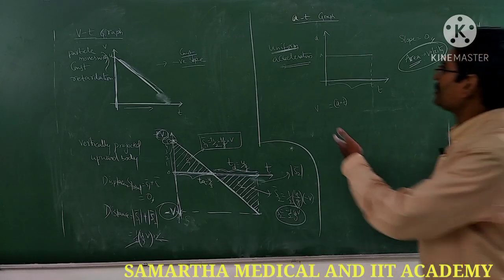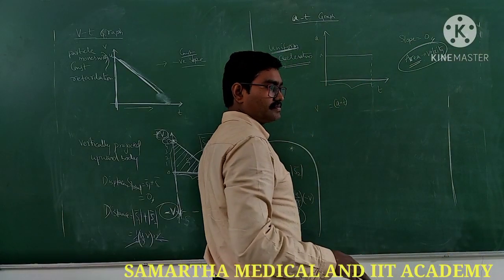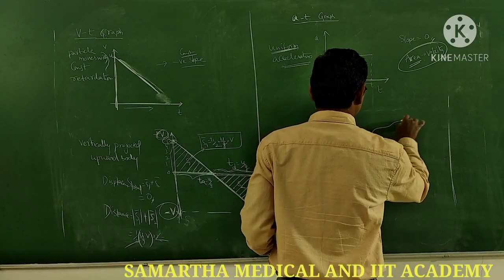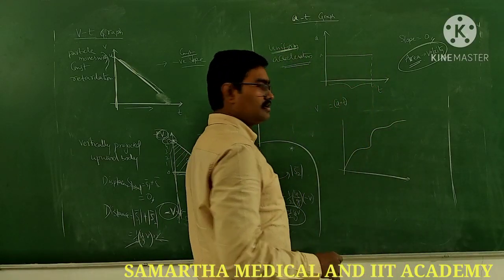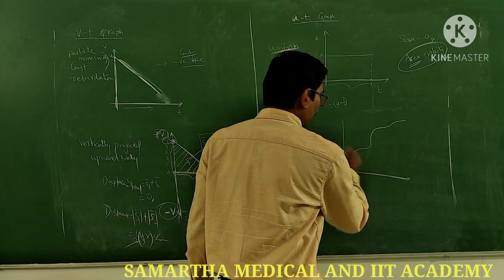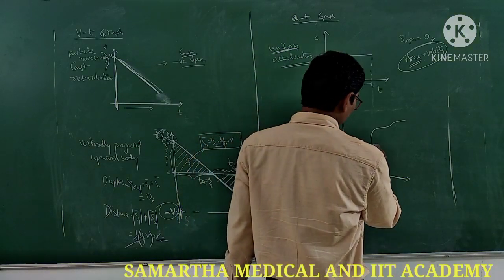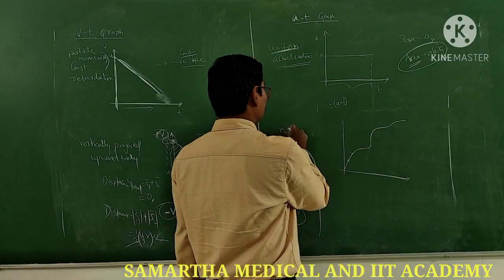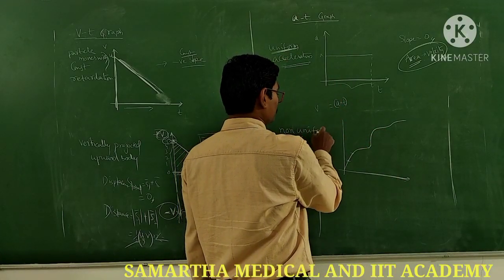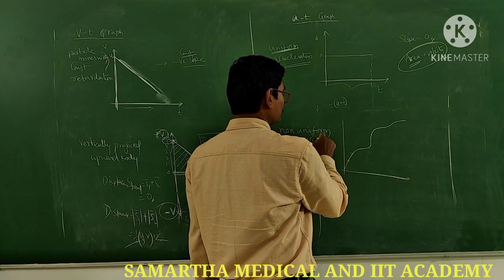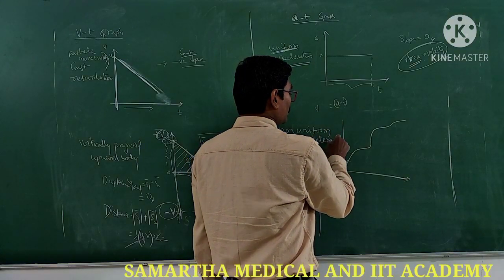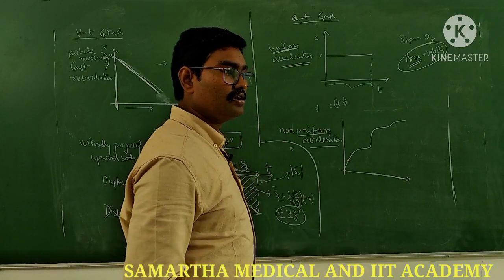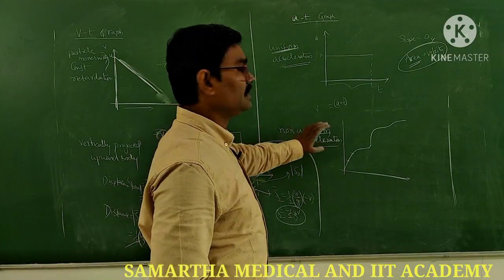Okay, next. Non-uniform acceleration. Like this you can see. Whatever the graph, here some acceleration is there, here some acceleration, here some acceleration. This is non-uniform acceleration. If a particle is going with non-uniform acceleration, then we can say the particle will have some jerk.